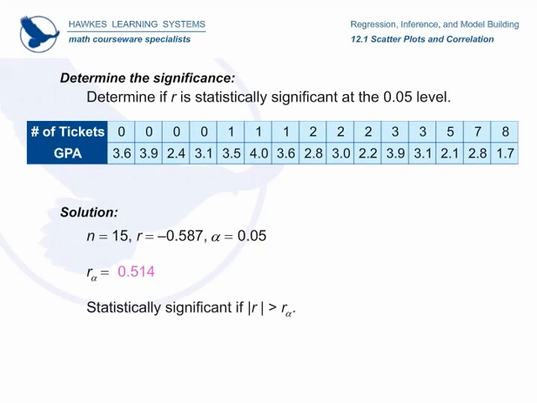So our r is a negative 0.587, but remember we're taking the absolute value, and yes, it is indeed greater than our r sub alpha based on our table. And so therefore r is statistically significant at the level of 0.05.